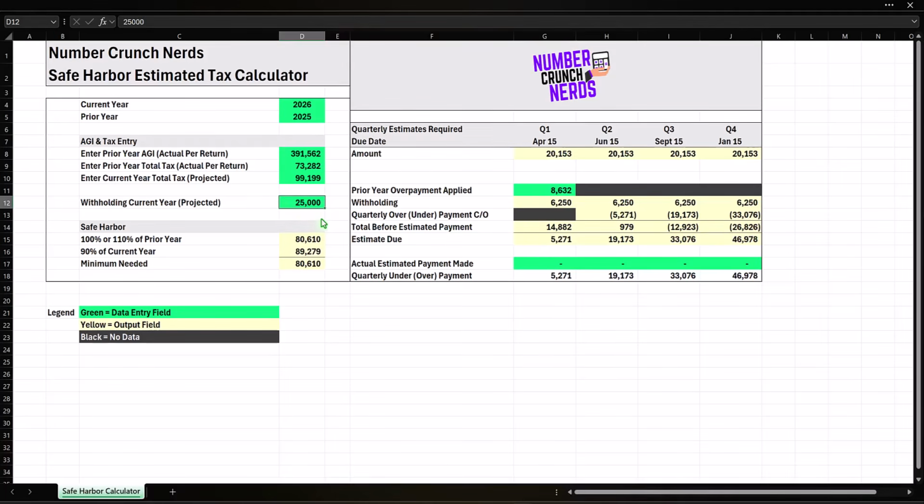However, if we revert to the previous example where the Q1 withholding was only $25,000, then 25% of it was not enough to cover the safe harbor, and we are not safe. We owe an estimated tax payment right here.